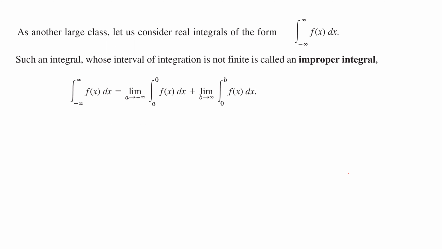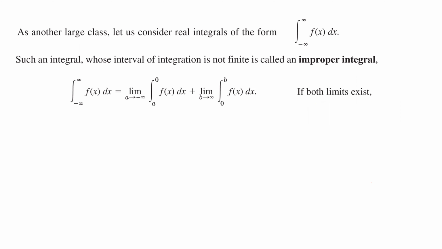So instead of going from -infinity to infinity directly, we go from a to b, and then we send a to -infinity and b to +infinity. This is the way the improper integrals are defined.